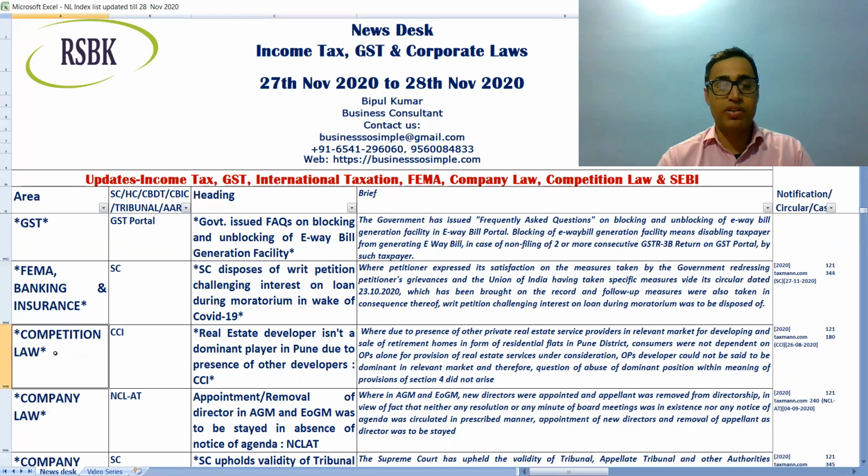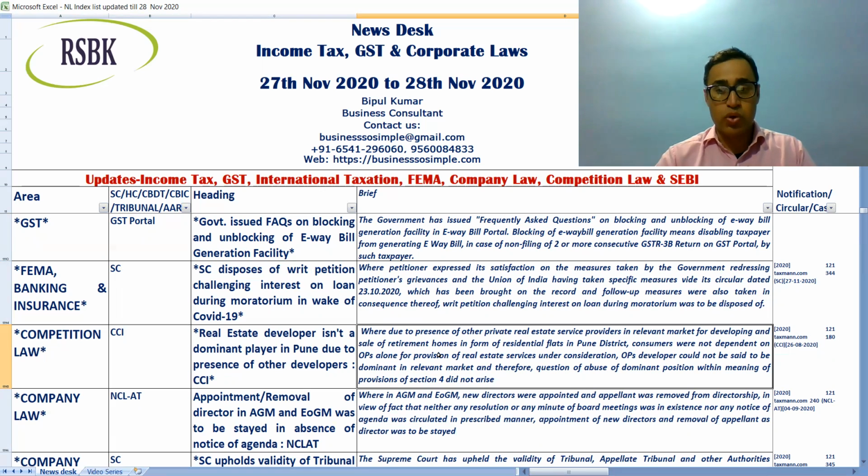Let's cover updates on competition law. Competition Commission of India: a real estate developer isn't a dominant player in Pune due to the presence of other developers. In this case, due to the presence of other private real estate service providers in the relevant market for developing and sale of retirement homes in the form of residential plots in Pune district, consumers were not dependent on the OP alone for provision of the real estate services under consideration.